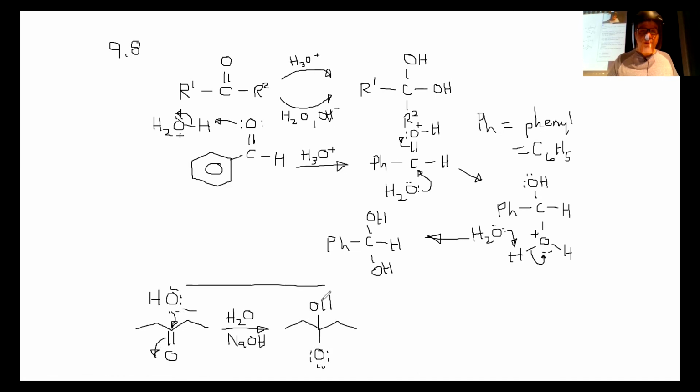OH over here now. And once again, that's O minus, of course. Once again, we're nearly done. All we need to do is put the proton back on this oxygen. And here we need to use a water molecule, right? Because there's no H3O+, not in an alkaline solution. And then we're done. So very straightforward, just 2 steps.